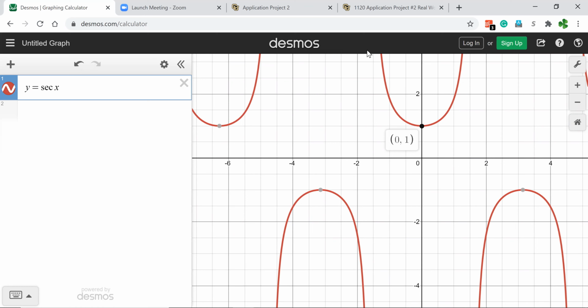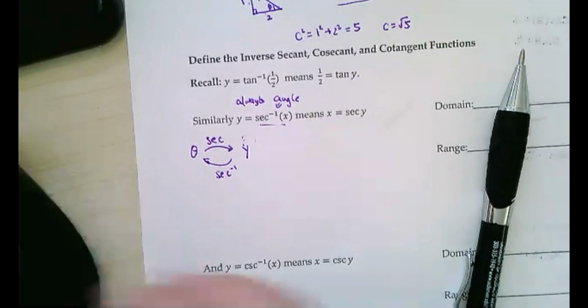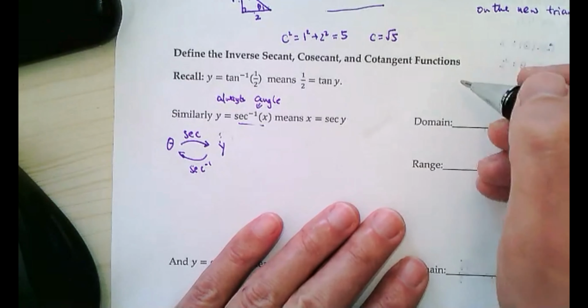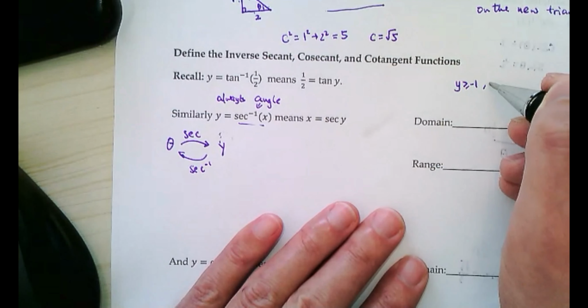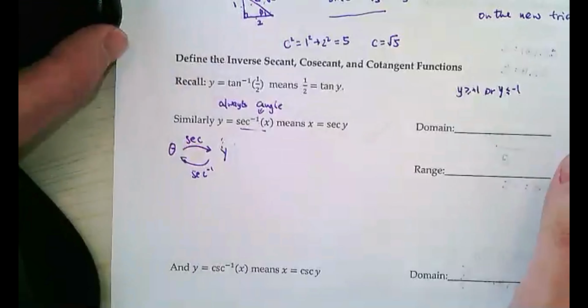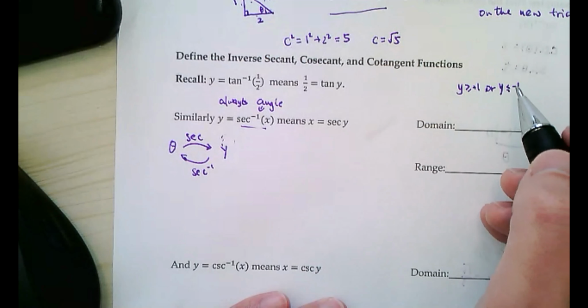So let's go back to the document camera. What will our domain be? +1, -1. So this is where y can take values.